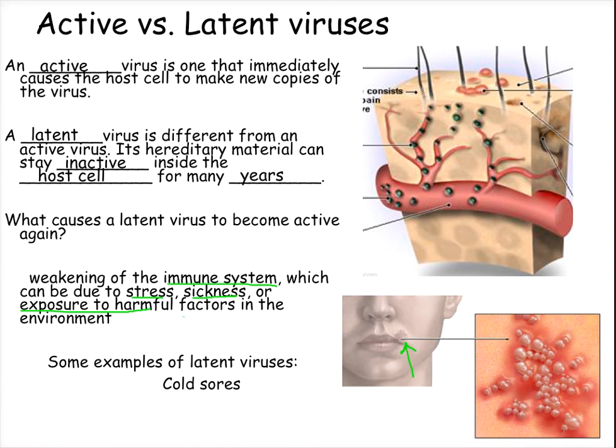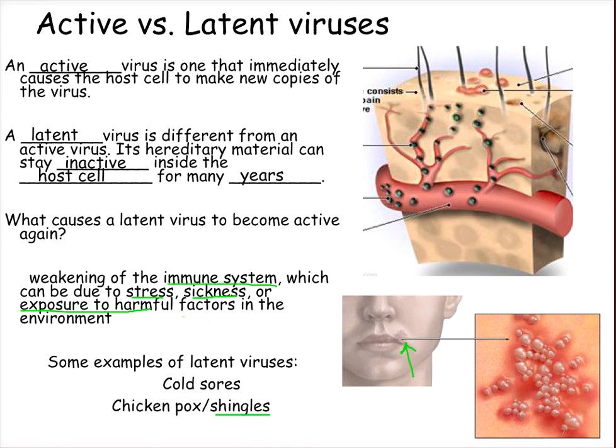Another example is the chickenpox/shingles phenomenon. If you've had the chickenpox, one of the things that might happen is you might get an outbreak of shingles later on in your lifetime. And this is because the chickenpox virus will actually retreat once your body has fought off the initial bout of chickenpox.